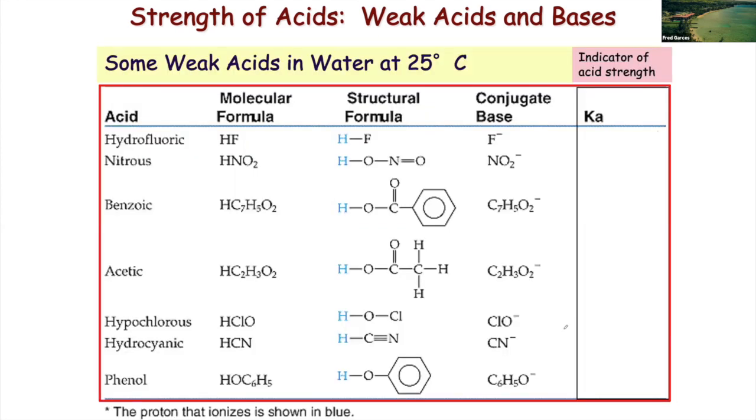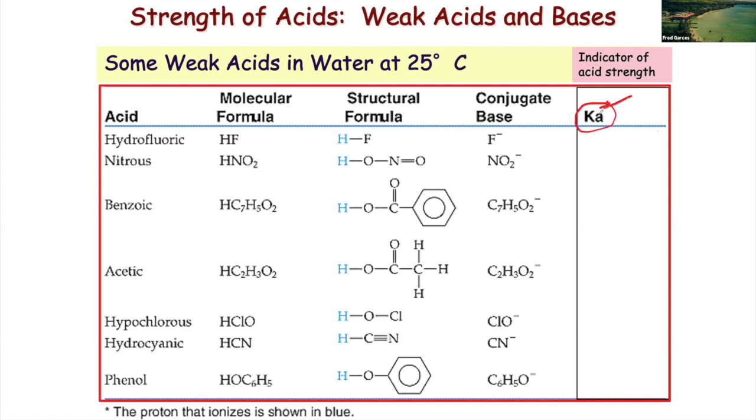So, what are some of the chemicals that are weak electrolytes? Well, weak acids or weak bases. And the way we determine the efficiency of a chemical to deliver its hydrogen is through a value called Ka.